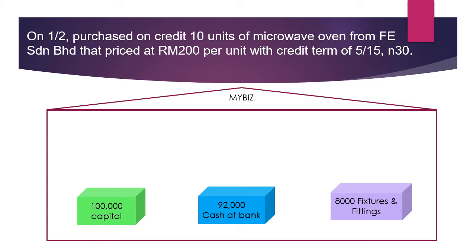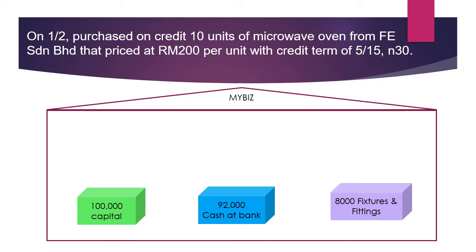The purchase on credit means that you purchase with delayed payment, and the purchase is from FE's neighborhood. So you actually will owe FE's neighborhood.